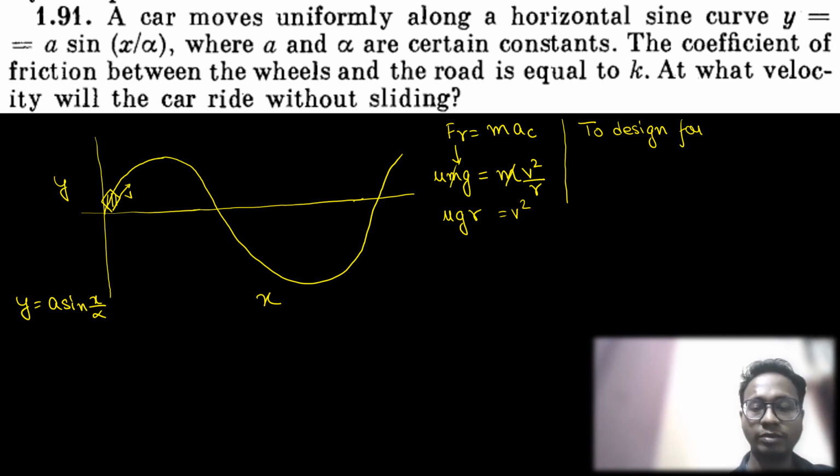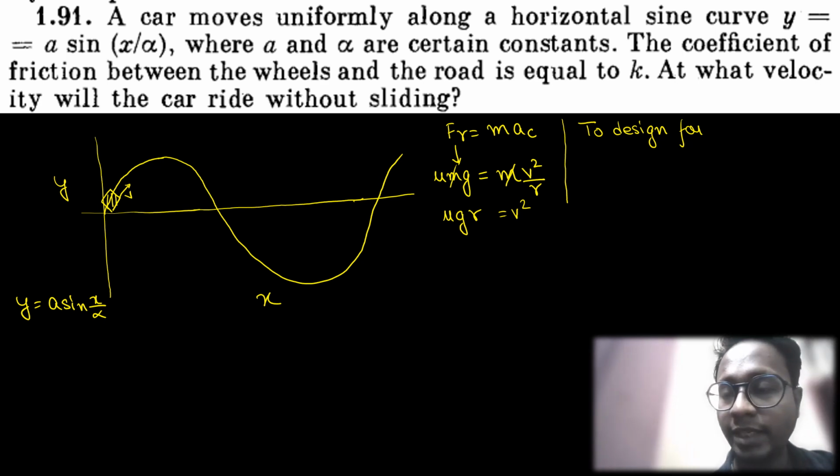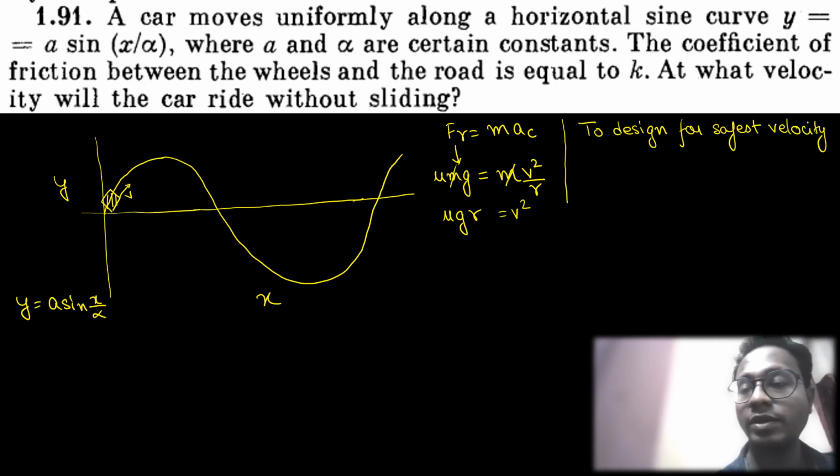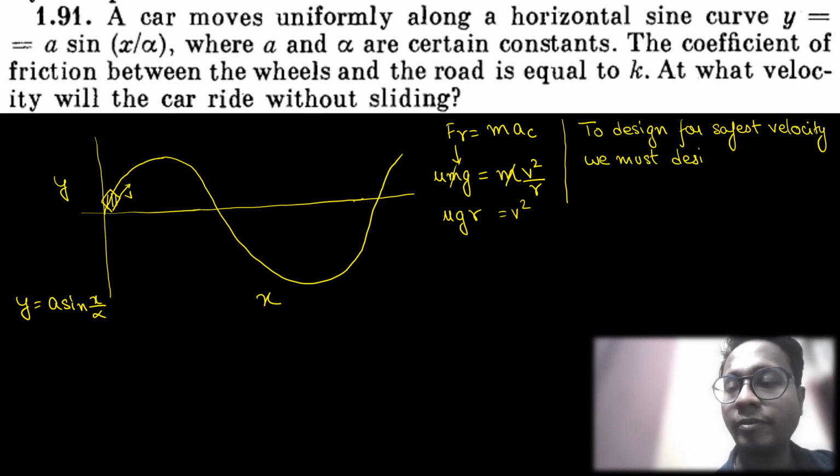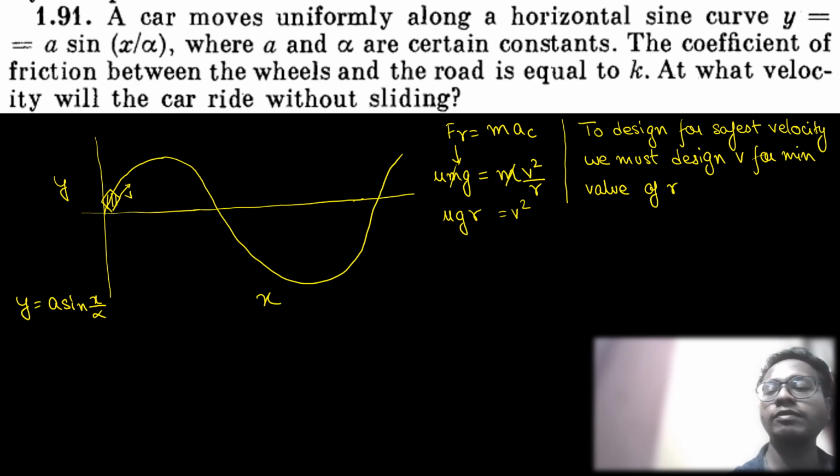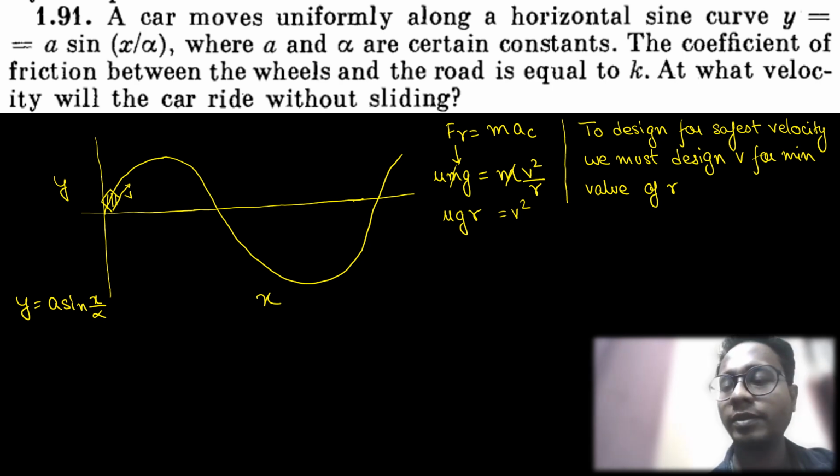So we must design for the safest velocity, for the minimum value of r throughout the curve.